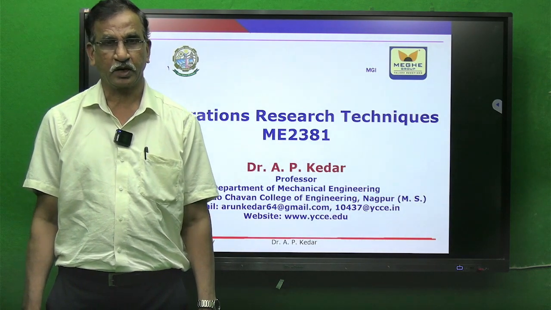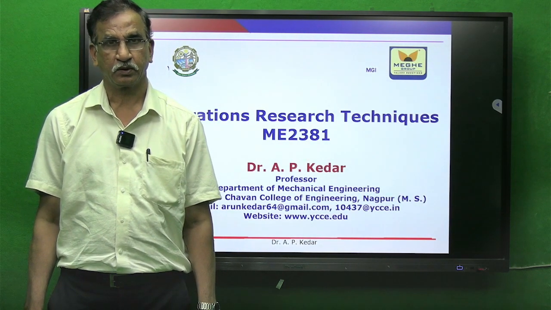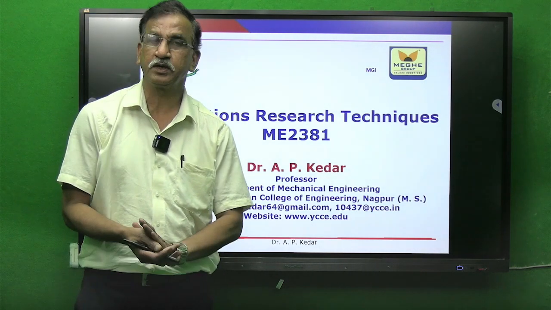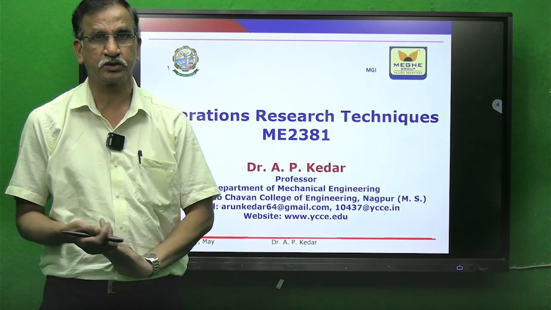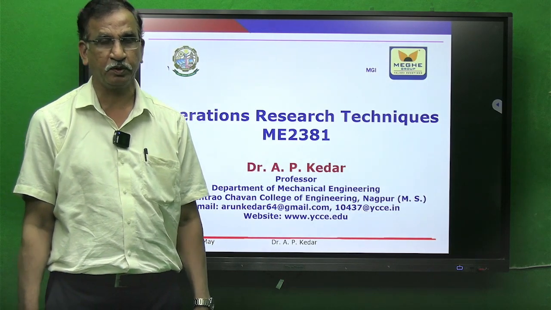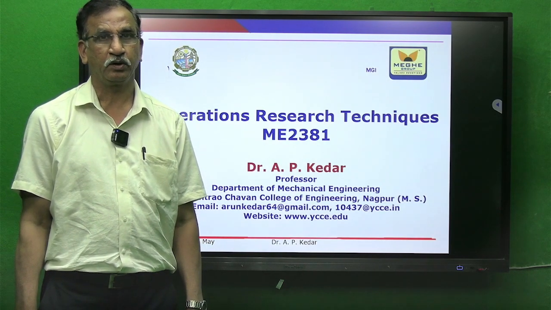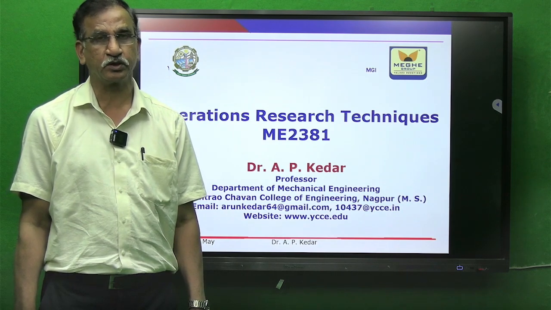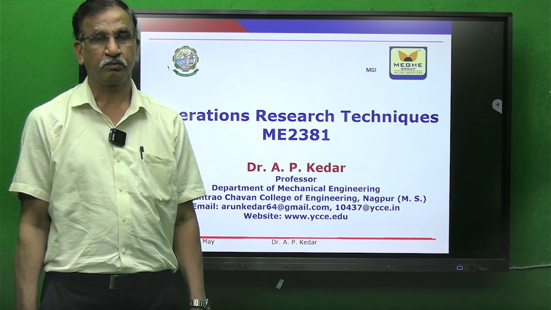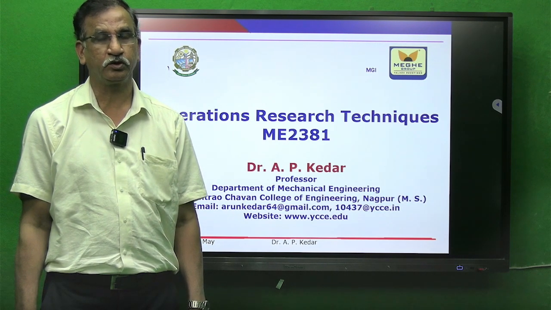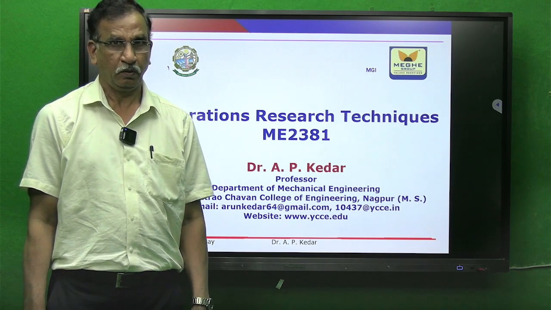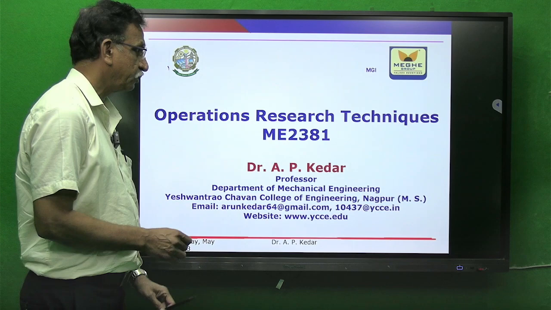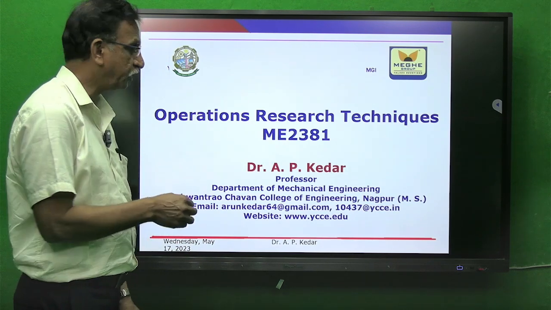If you recall, in the last lectures we have seen various methods for finding an initial solution to a transportation problem, and then we started with optimizing the initial solution, and we have adopted the modified distribution method. So I will start today's lecture from the point where we ended our last lecture.